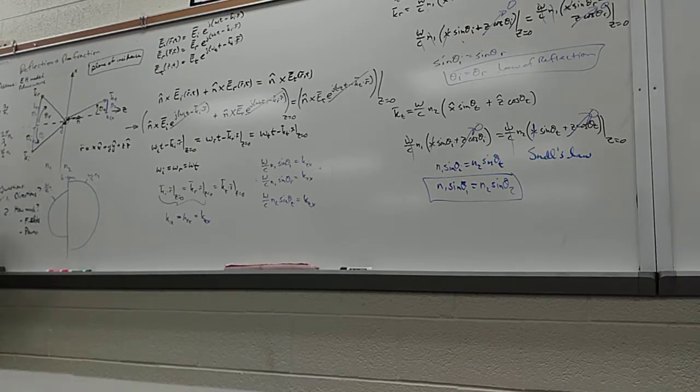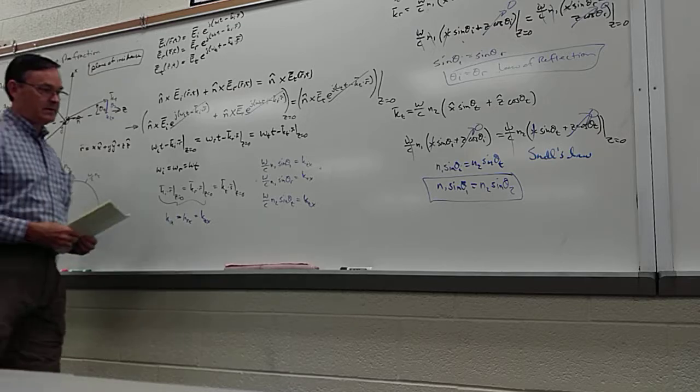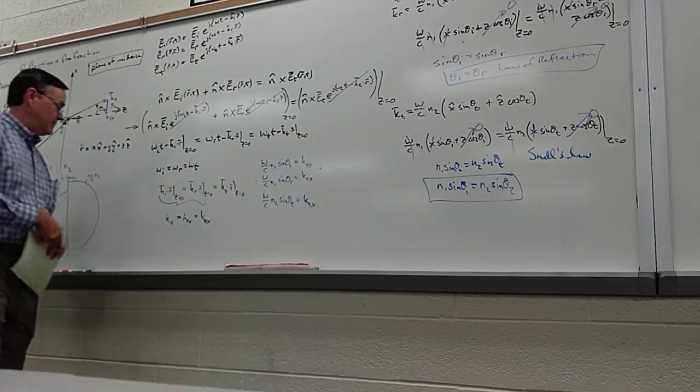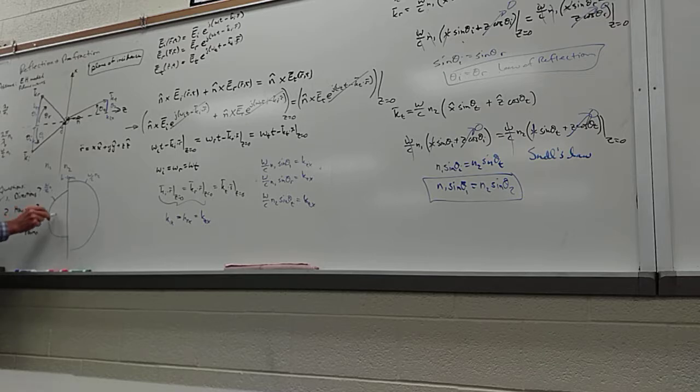So, what we're saying then is, if I have a wave vector incident at angle theta 1 here, then I can drop a perpendicular over here, and this much is k_Ix, right?